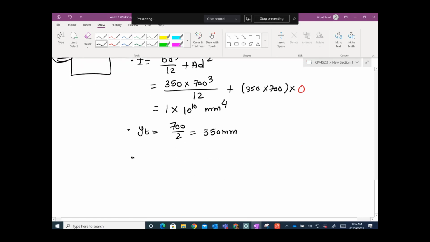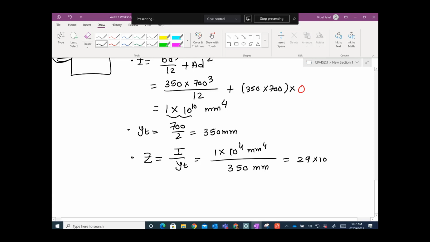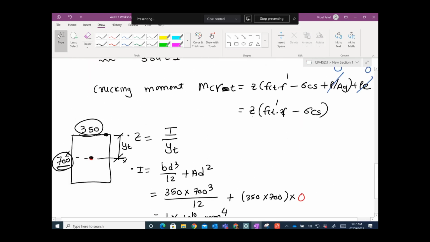So in that case Z equal to I over Y_t. I is 1 times 10 to the power 10 millimeter to the power 4 over 350 millimeters. So the first thing we can calculate, Z is 29 times 10 to the power 6 millimeter to the power 3. So that's the Z we calculated.